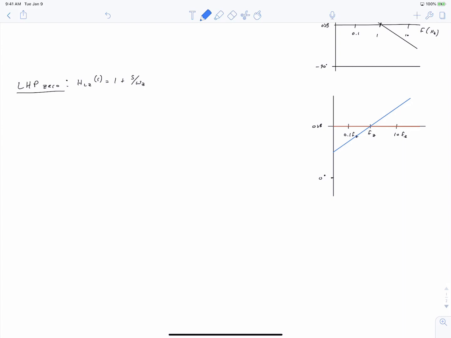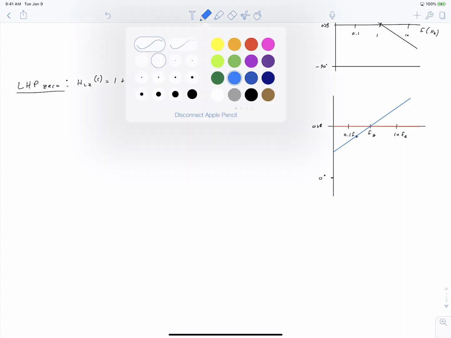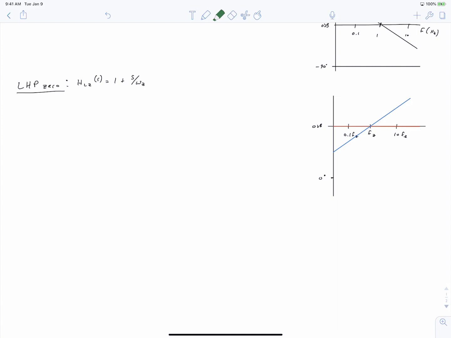And if we do this addition operation, we always take the larger of the two transfer functions, and we end up with a Bode plot that looks like this. And we can similarly see that if we're plotting the phase angle, we're going to start at 0 degrees until we get to 0.1 times our 0 frequency. Then we're going to start increasing, and we're going to end up at 90 degrees when we're a decade past our 0 frequency. And at the frequency of our 0, we're going to be at 45 degrees.